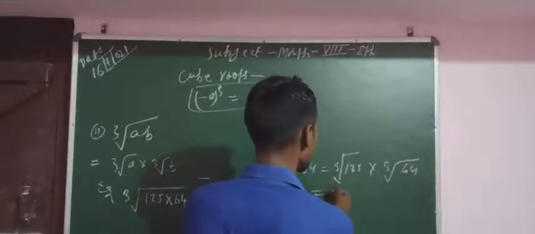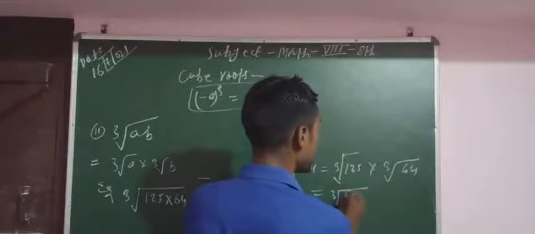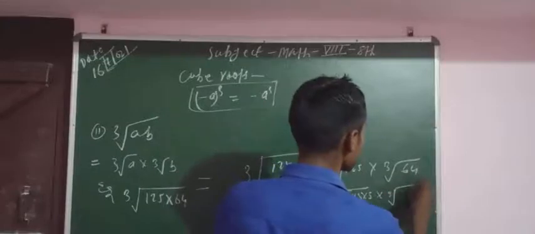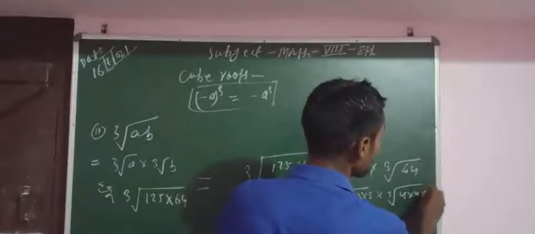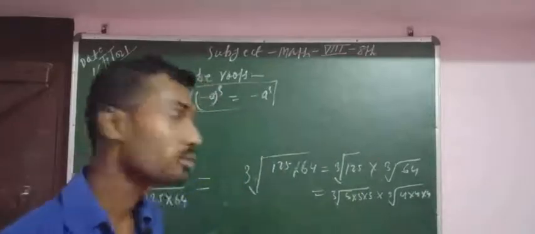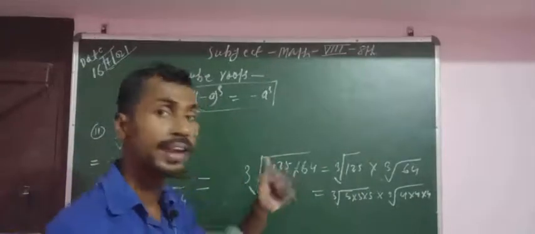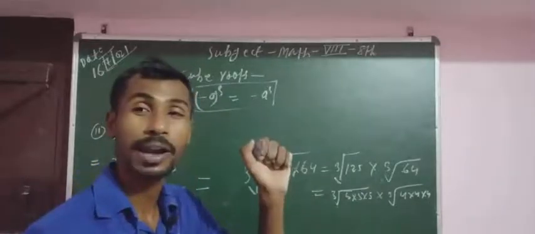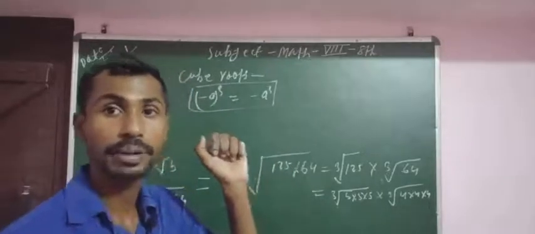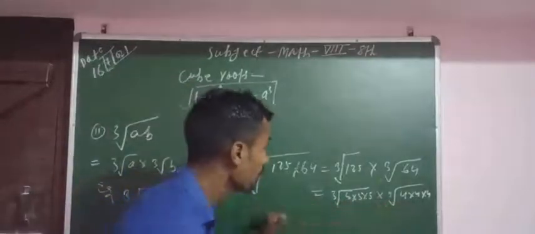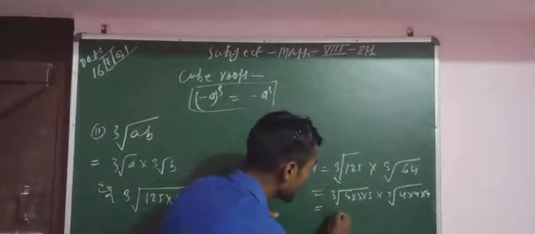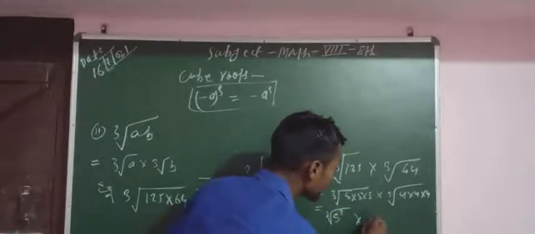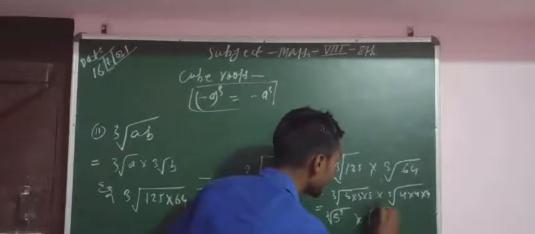That means cube root 125 is 5 into 5 into 5 and cube root 64 is 4 into 4 into 4. Simply we will change the number in factor form, that means 125 can be written as 5 into 5 into 5 and 64 can be written as 4 into 4 into 4. So now we have 5 to the power 3 into 4 to the power 3 and cube root.